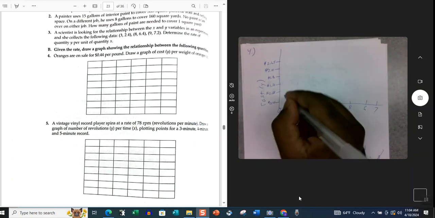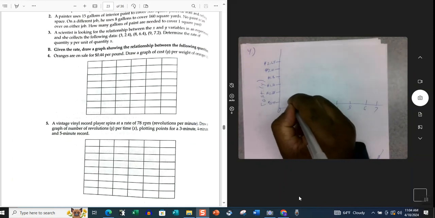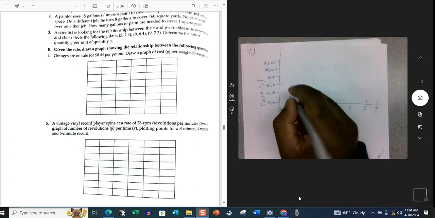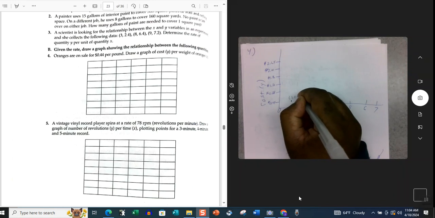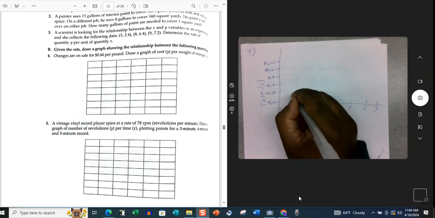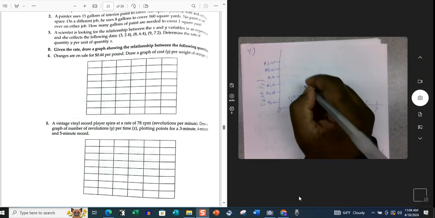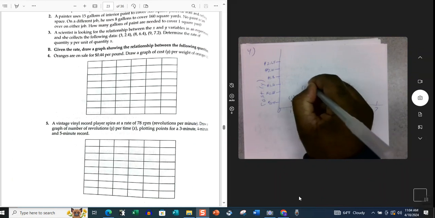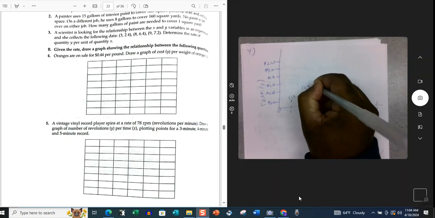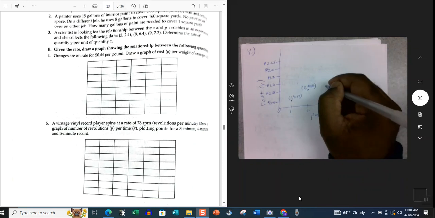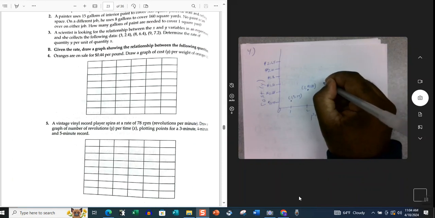Okay, so for 1 pound, it'll be 44 cents. So we'll put that here, 0.44. Then 2 pounds, it'll be 88 cents. So we add 2, 0.88. 3 pounds, it'll be $1.32.